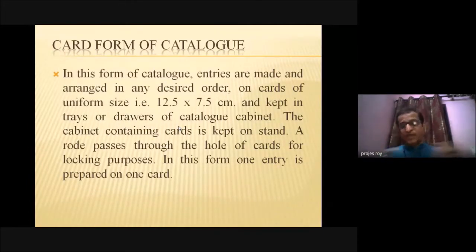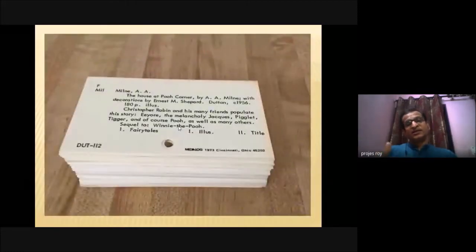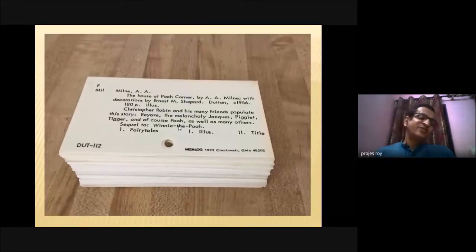You will see there are cards arranged on that, and there is an iron rod passed through the hole, and it looks like that. Here you can see the hole is there. It is arranged alphabetically, or subject wise, or classification number wise.